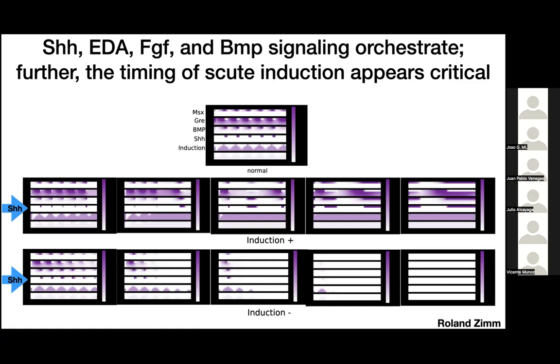There's an arrow pointing to sonic hedgehog, which is the molecule that we're using to read the regularity of the patterns. So if the scute primordia are induced too early or too late, then you have different deficiencies. If they're inhibited too early, then you lose the primordia. If they're interfered with later in development, then you get more of this kind of striping and irregularity.